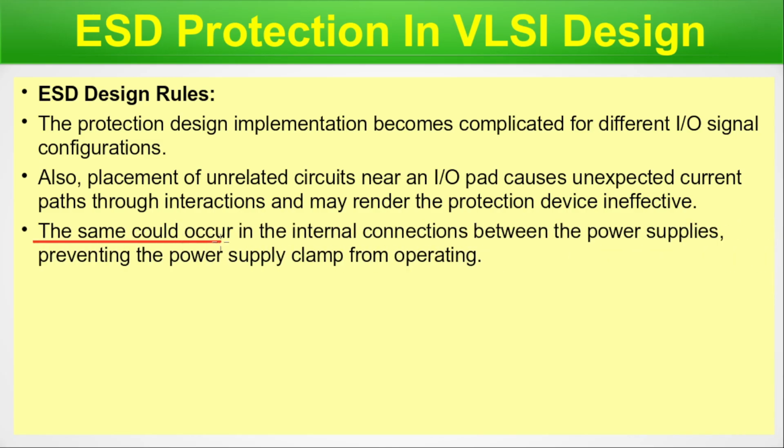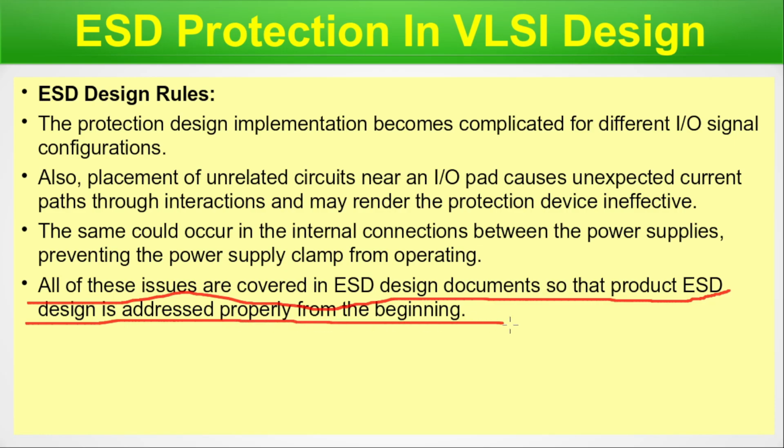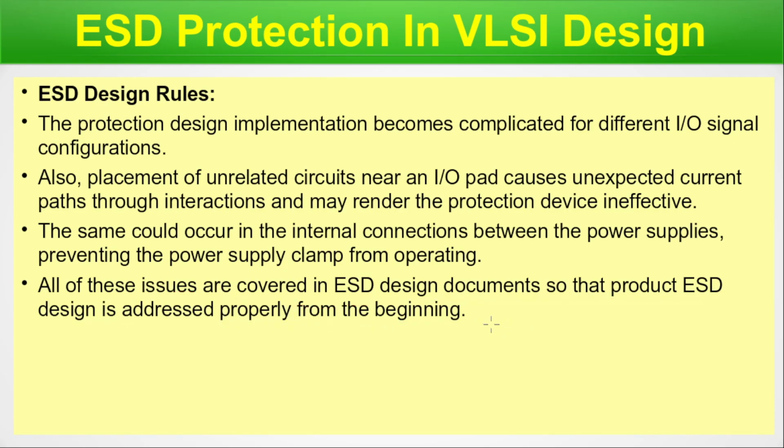The same could occur in the internal connection between power supplies, preventing the power supply clamp from operating. All of these issues are covered in ESD design documents so that the product ESD design is addressed properly from the very beginning. All these things should be covered either manually or through the design rules. Whatever DRC engine you are using should be able to check these things.